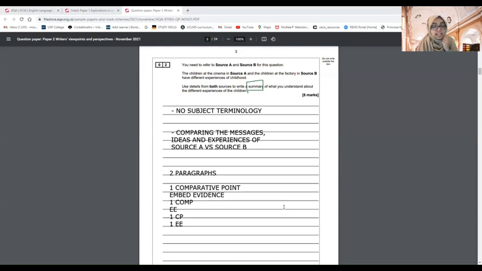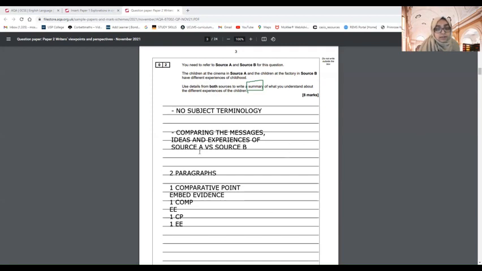So while source A is implying that luxury is able to buy comfort, as the person in source A wears a sun hat, source B shows the life of poverty, and how the opposite is also true, how not having money also means less comfort and suffering from external causes like the hot sun.